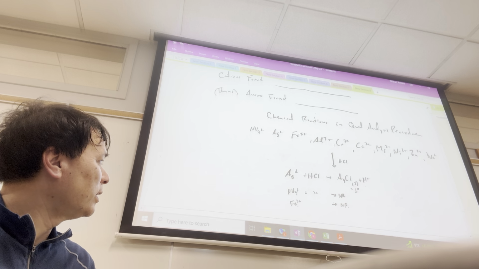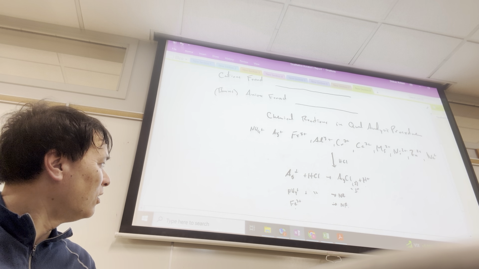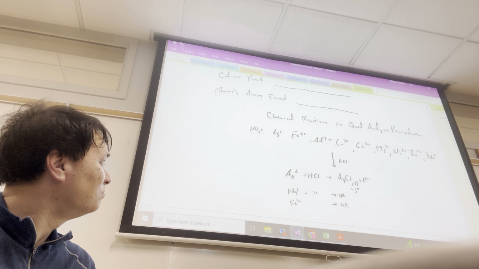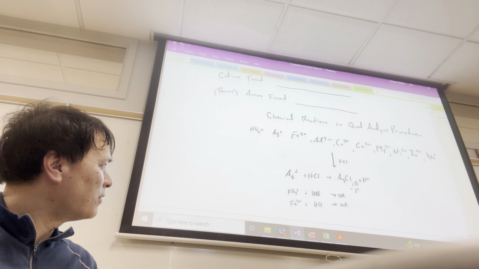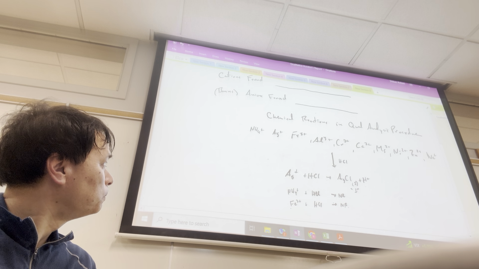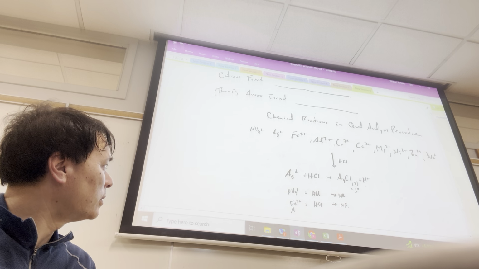And so iron 3, NR plus HCl. Maybe I should write it out. There's no driving force here. So aluminum forms aluminum chloride.